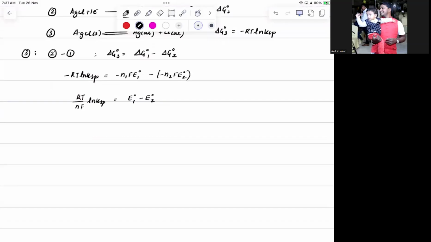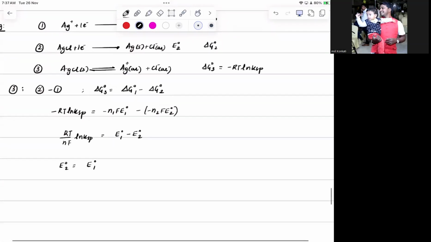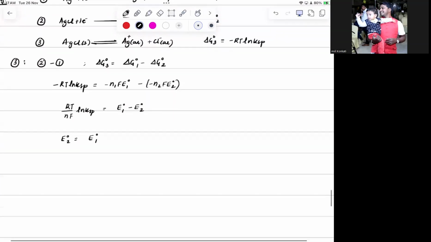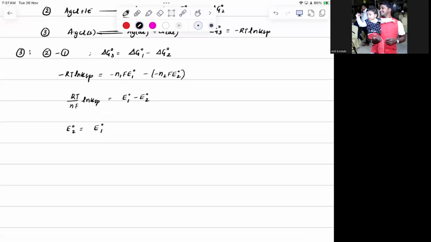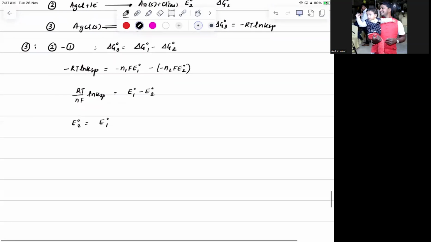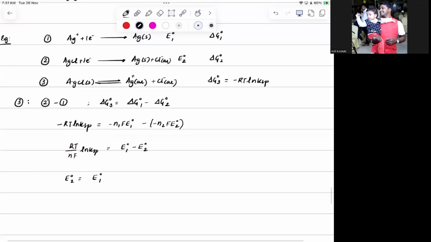So from here, I can write E naught 2 is equal to E naught 1 plus RT by NF ln KSP. Sorry, I had written it in reverse before; this should be 2 minus 1.